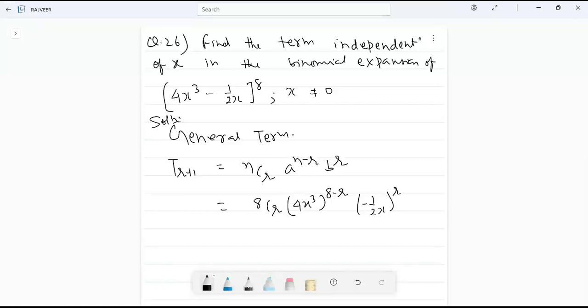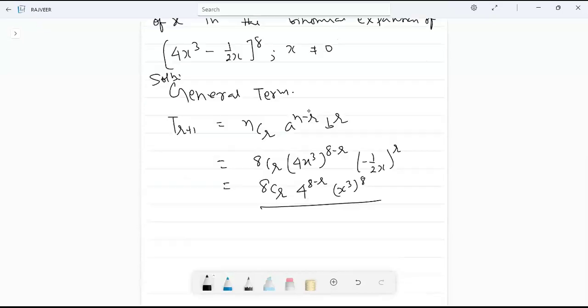So the first step that we are going to take is we will just write the power of x in simplified form. So 8CR, 4 to the power 8 minus r and x cube to the power 8 minus r, divided by minus 2x to the power r.